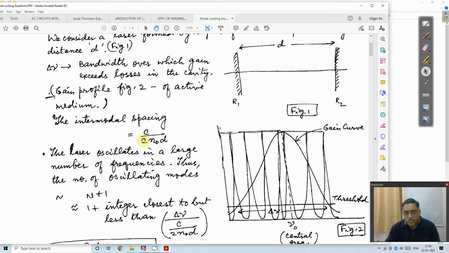Now we have also seen that the intermodal spacing can be written as c over 2 n naught d, and we have seen that this can be represented as velocity over the total distance for one round trip.